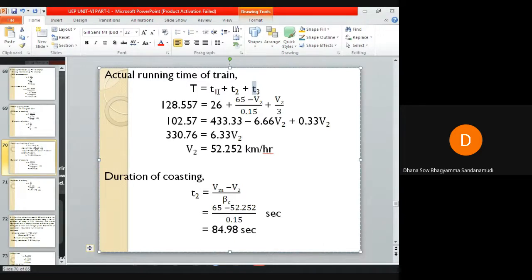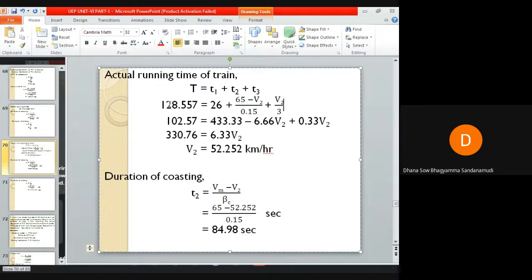We have also calculated the time of acceleration, that is 26 seconds. T2 we don't know, (65 minus V2) by 0.15, and T3 also we don't know, so V2 by 3. So these expressions we have already got. If you know V2, you can determine the T2 and T3 values.